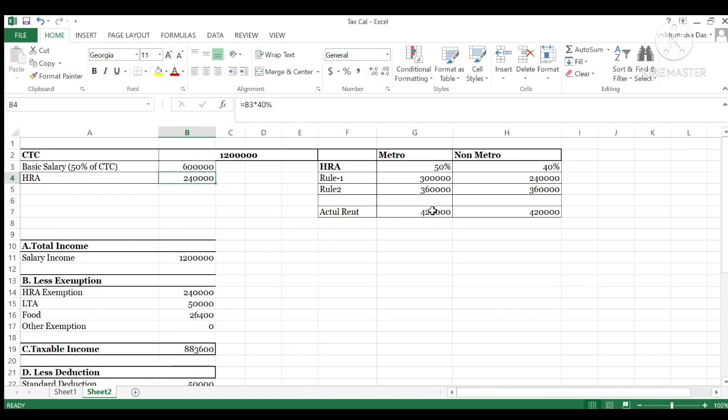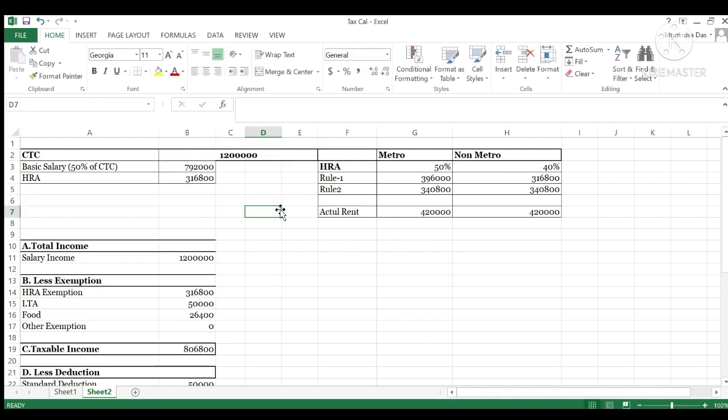You are already paying a rent of 35,000 per month, which is 4,20,000 rupees, but your HRA is only considered as 2,40,000 rupees, right? So how can we maximize it? We can maximize it by just tweaking our basic. Let's assume that instead of 50% of your basic, let's make it 66% of your basic.